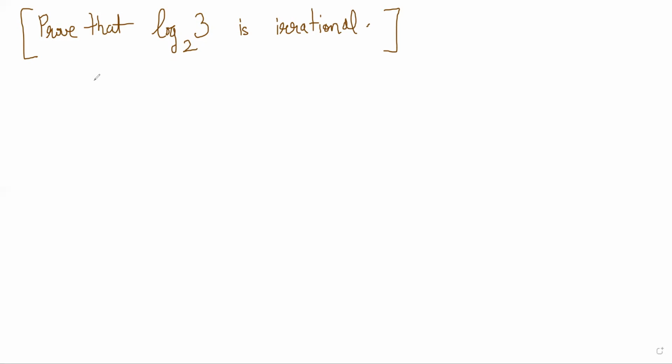That is the standard way to do these rationality, irrationality proofs. Irrational means it can't be represented as a fraction. So assume log 2 3 is rational. That means it can be expressed in the form P by Q.